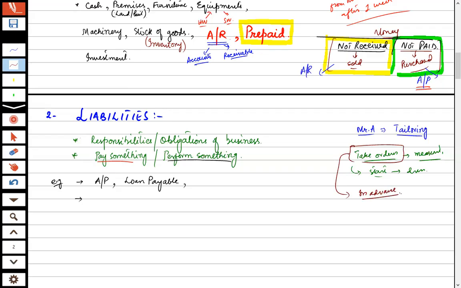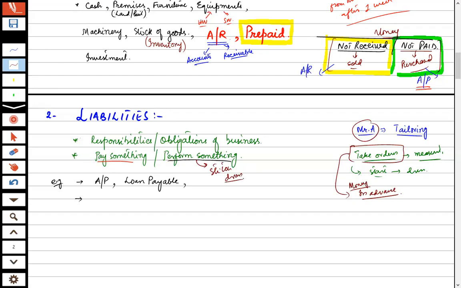Are you getting this scenario? Tailors usually take the orders and take the money in advance. Now, once Mr. A has taken money in advance, what is his responsibility? He has to perform something, meaning he has to stitch the dress.